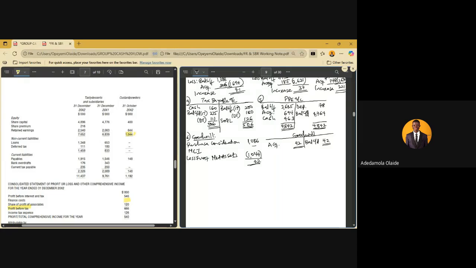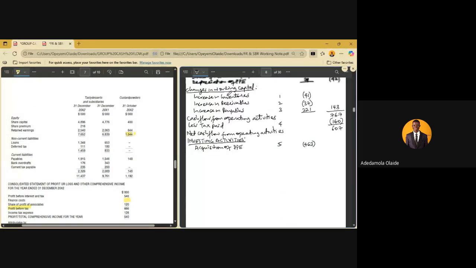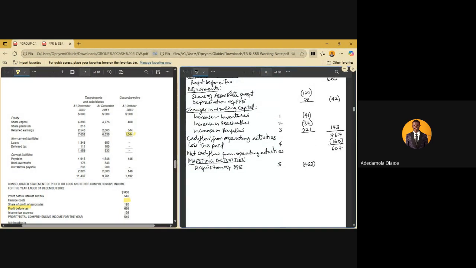And what does that imply? We have to go back to our operating activity and adjust for the impairment there, because the corresponding entry for that impairment would have been in our SOPL. Right or right?